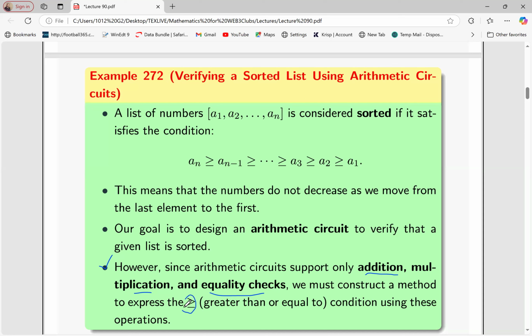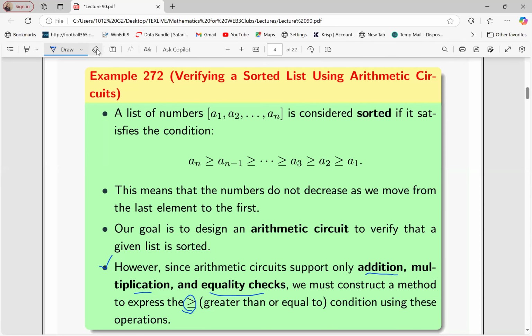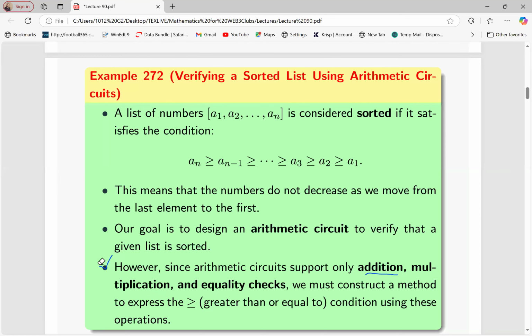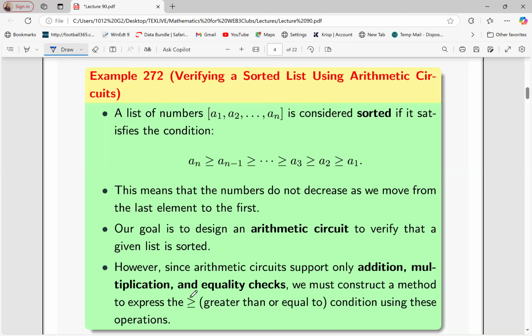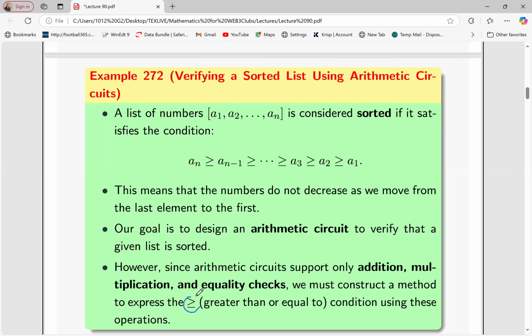So for us to write an arithmetic circuit that verifies that a given list is sorted, we need to get a way of going around this, and to ensure that we can compare two quantities as one being greater than or equal to the other, using this sign.